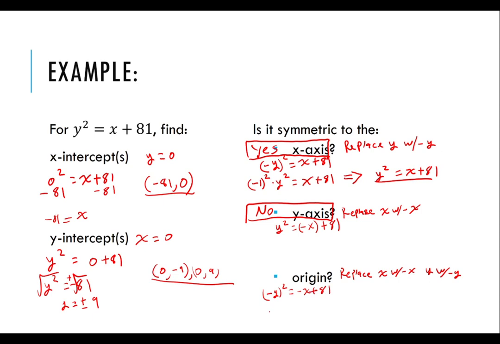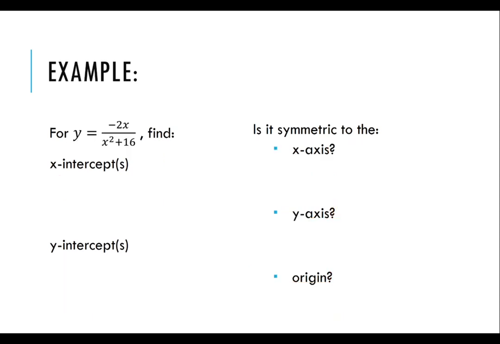But simplifying, negative y quantity squared just gives us positive y squared, and it's equal to negative x plus 81, and so this thing does not have origin symmetry. No origin symmetry. We want to know what's the x-intercept, what's the y-intercept, is it symmetric to the x-axis, y-axis, or the origin, or some combination.